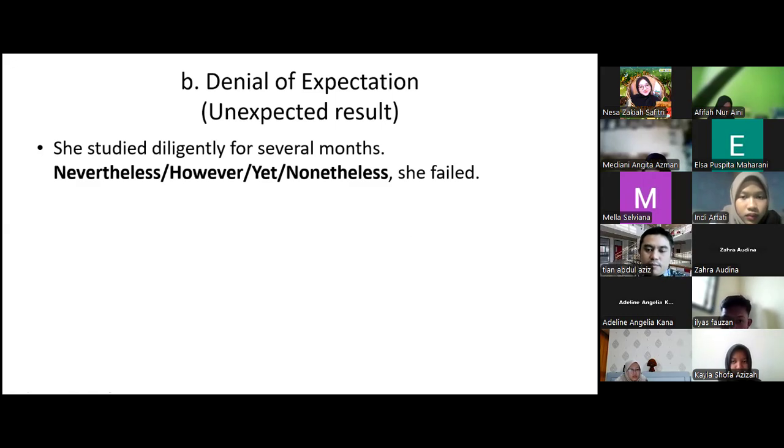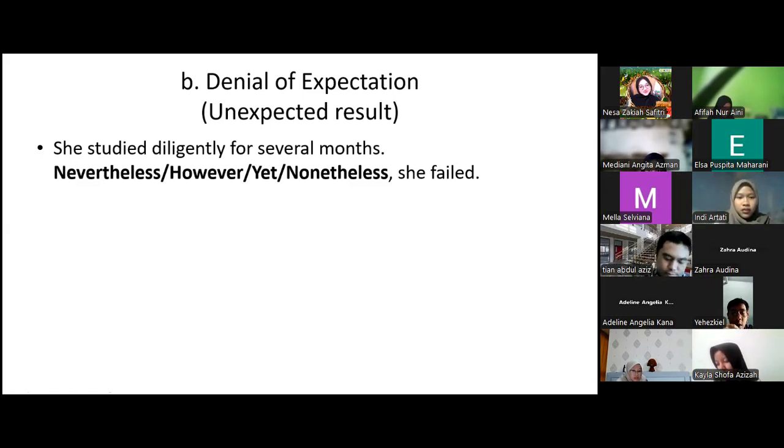Yehezkel, please unmute. It is your turn. Yes, sir. She studied diligently for several months. Nevertheless, or however, or yet, or nonetheless, she failed. Okay.